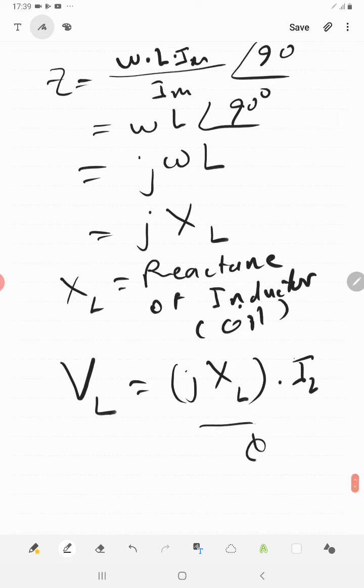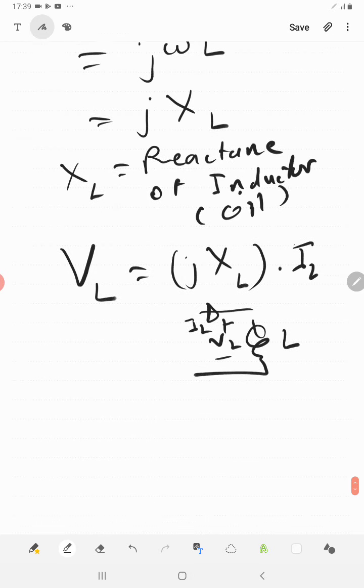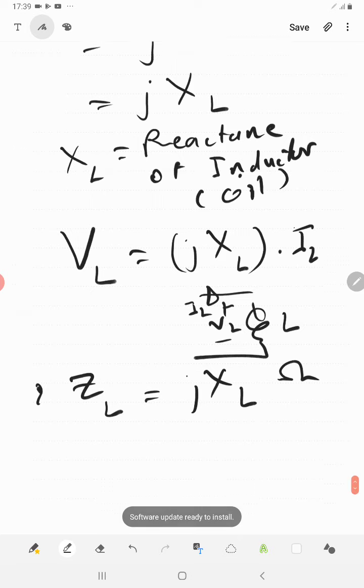So V L equals J XL times I L. So if we have L, then we have an I L, and we have plus minus V L. The impedance of an inductor is J XL, in ohms. So it is complex.